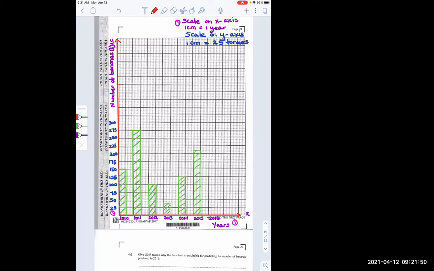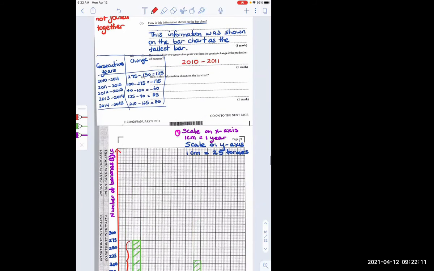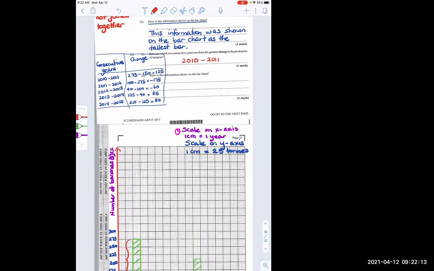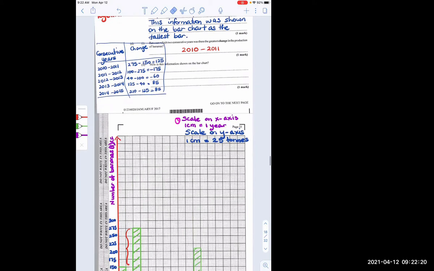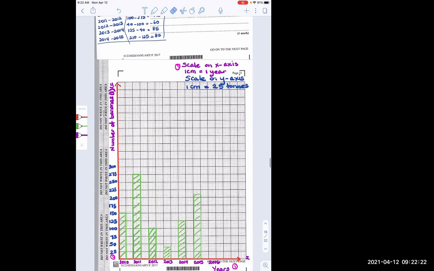The information is shown by the difference in the heights. No. Let's go to the graph.